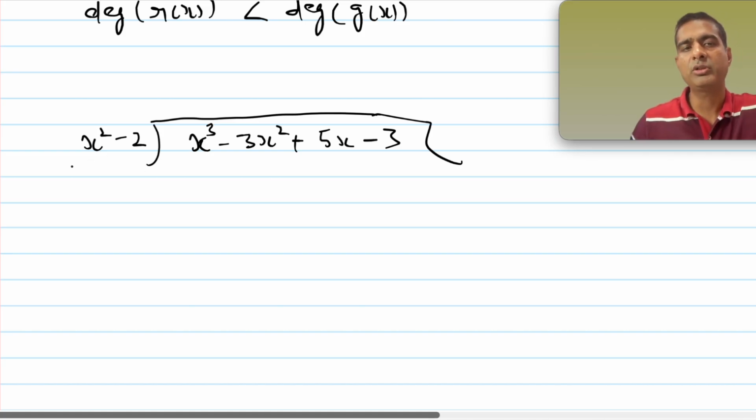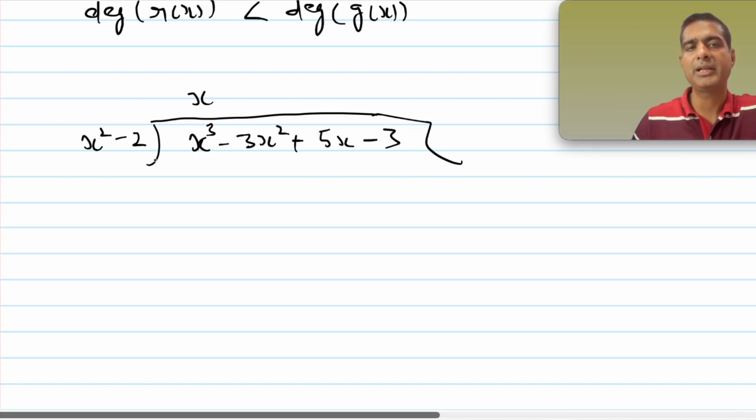Now I have to compare the highest degree term of the divisor and the highest degree term of the dividend, and think of a number or a variable by which multiplying the highest degree term of the divisor becomes equal to the highest degree term of the dividend. So here the highest degree term of the dividend is x cube and of the divisor is x square. So I know by multiplying by x, x square will become x cube.